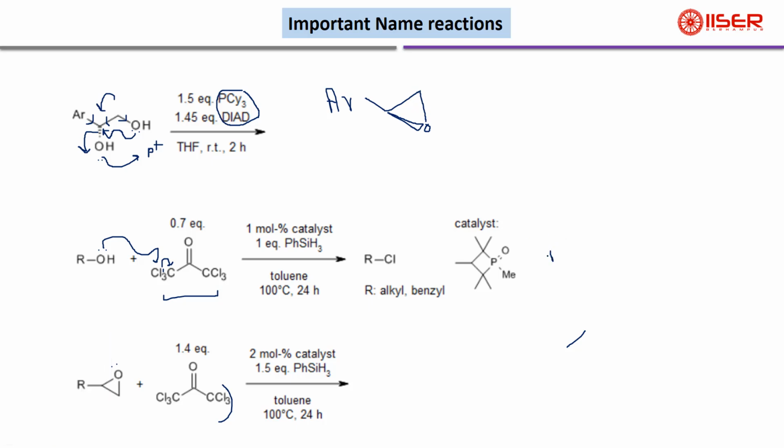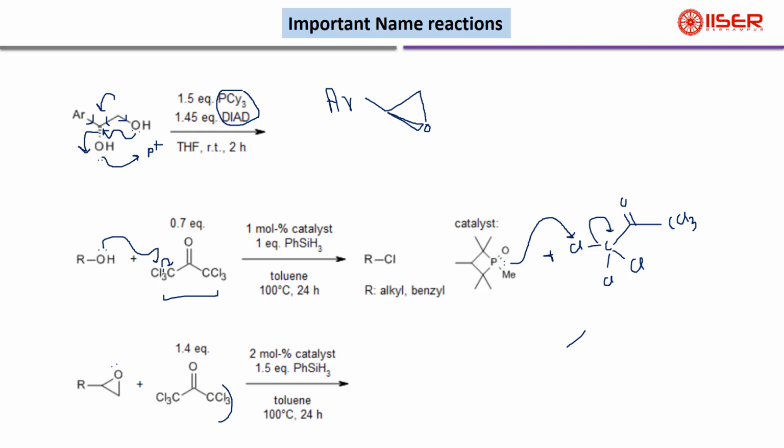So this phosphorus, just similar to the Appel reaction, will attack one of the chlorine atoms and it will open up.